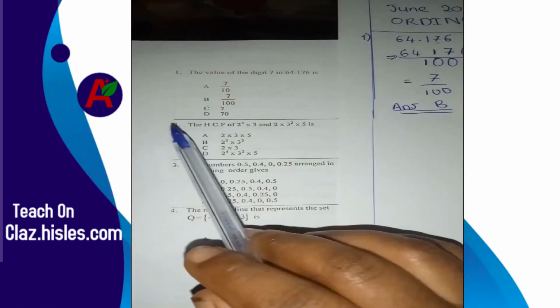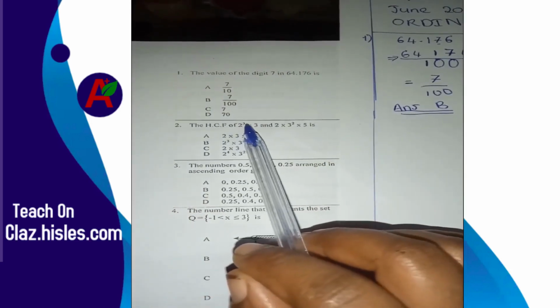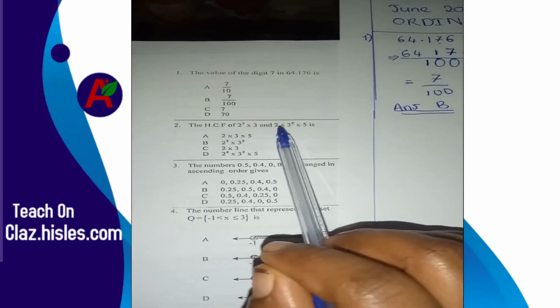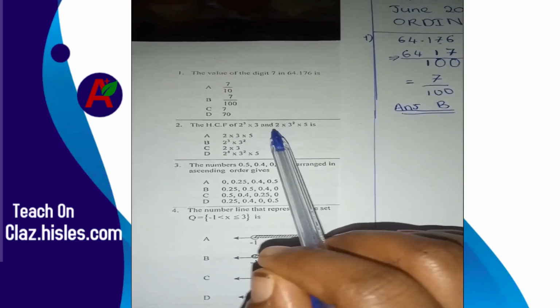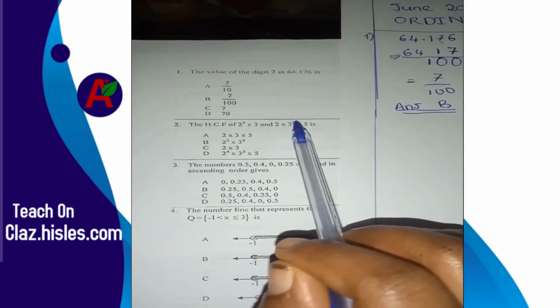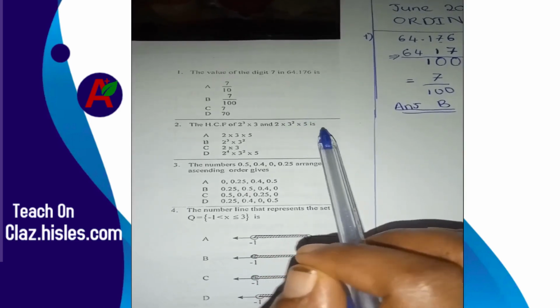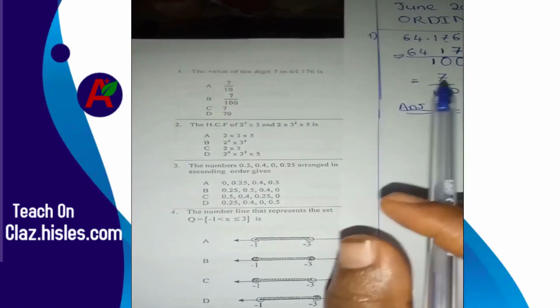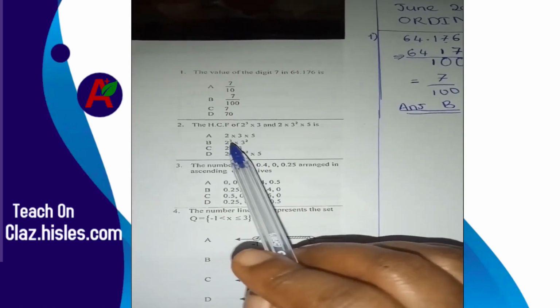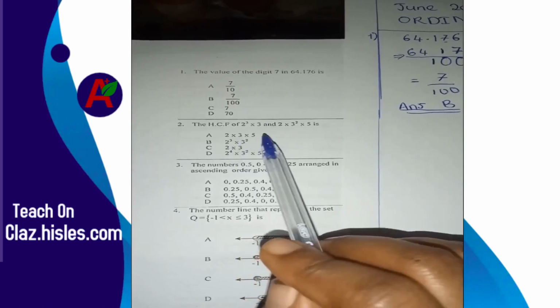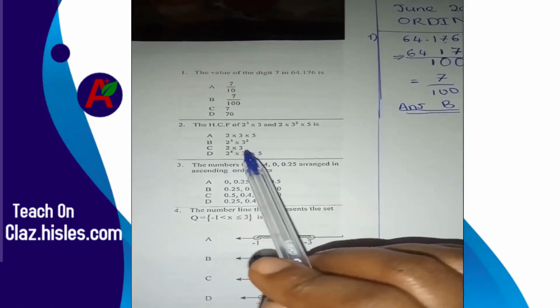Question 2. The highest common factor of 2 to the power 3 times 3 and 2 to the power 1 times 3 to the power 2 times 5 to the power 1 is: A is 2 times 3 times 5, B is 2 to the power 3 times 3 to the power 2, C is 2 times 3.